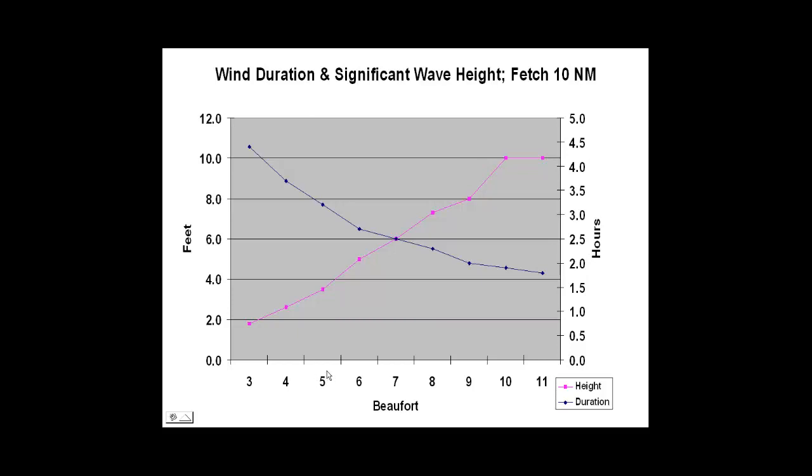And I can interpret this curve by saying, okay, a Beaufort 5 wind blowing for a little over 3 hours will produce a mature significant wave height of about 3.5 feet. So a fetch of 10 miles, Beaufort 5, blowing for a little over 3 hours, produces mature waves of about 3.5 feet. Significant wave height, okay?